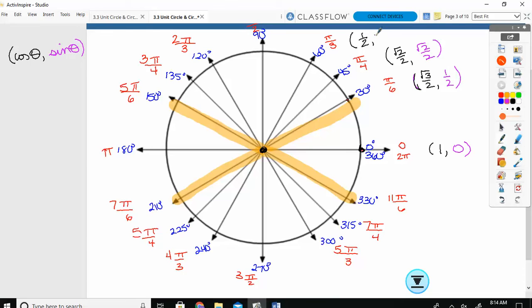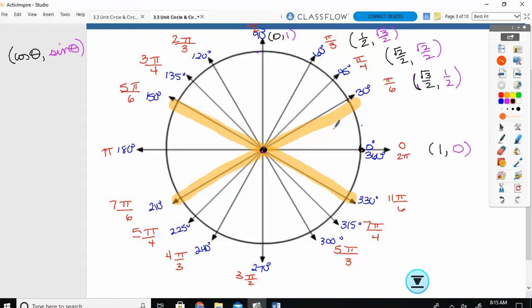And the value of sine? At 90, what is the value of cosine? 0. What's the value of sine? 1. Which, if you think about on the unit circle, if you start here, you don't move left or right at all, so your x is 0, your y is 1. Is this making sense so far? Okay.